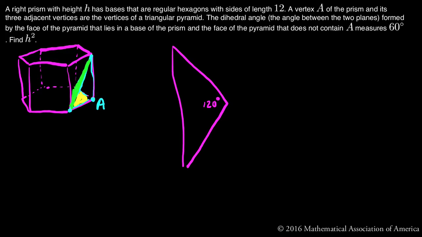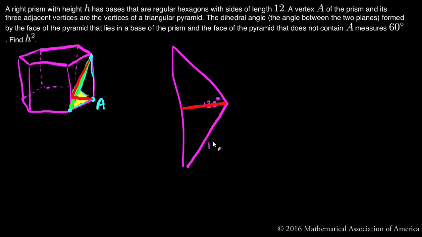And to find the dihedral angle, I need to have two segments and do some right triangle trig. So I need this to this, which, because of the symmetry in here, goes to the midpoint. So I'm going to drop this first.